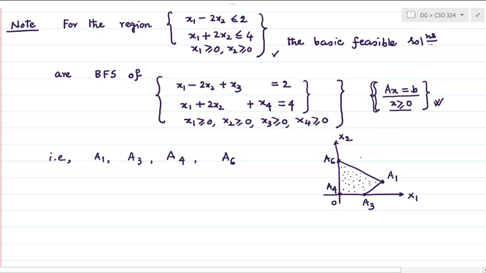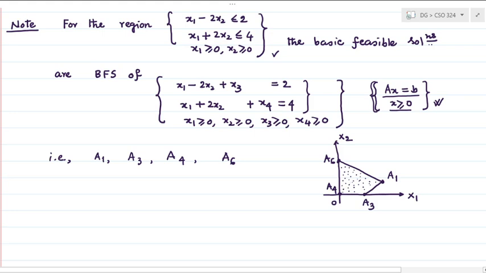And here I have used a very special terminology. I have said vertex or extreme point. Now, how do we mathematically present the vertices? How do we say some points are vertices or extreme points of a given geometric region?